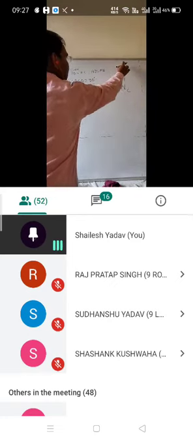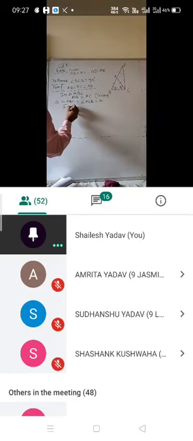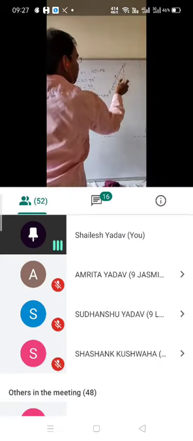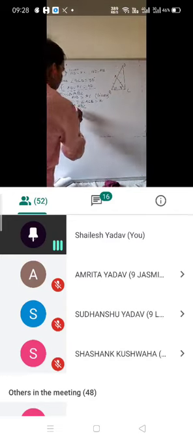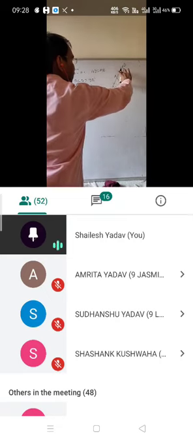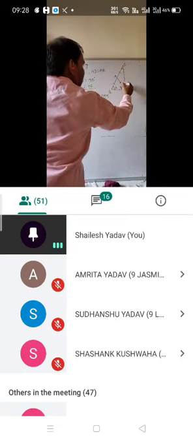Now I am going to take the other triangle ADC. In this triangle also, AD and AC are equal. So AD equals AC. Again, if in this triangle two sides are equal, then their opposite angles will be equal.